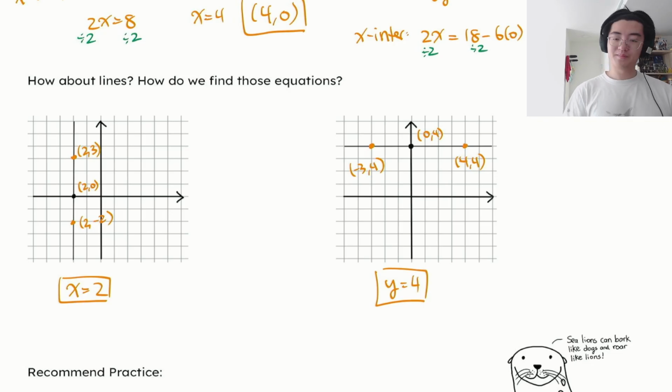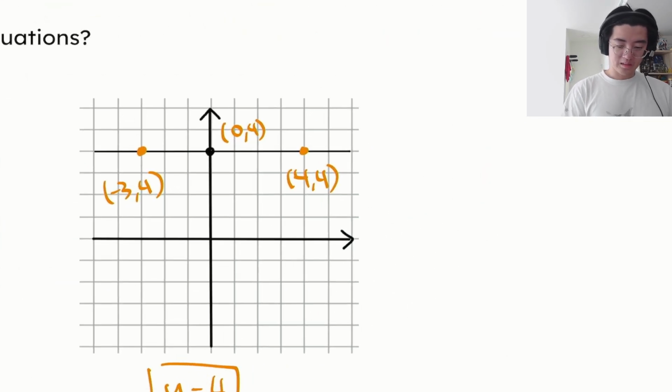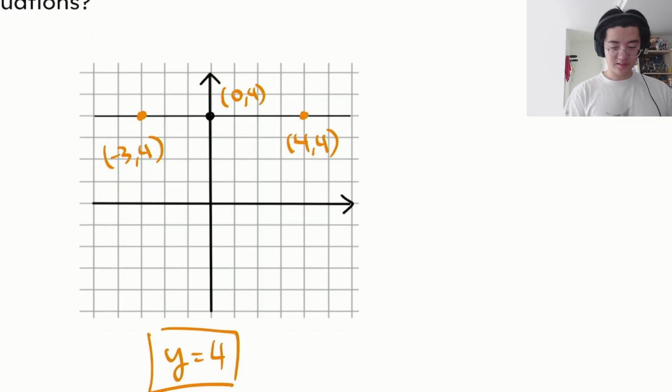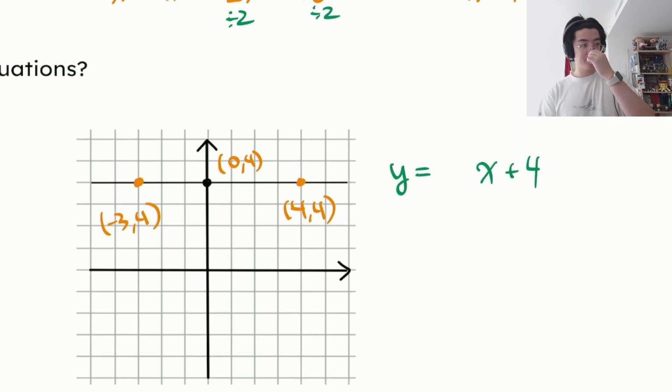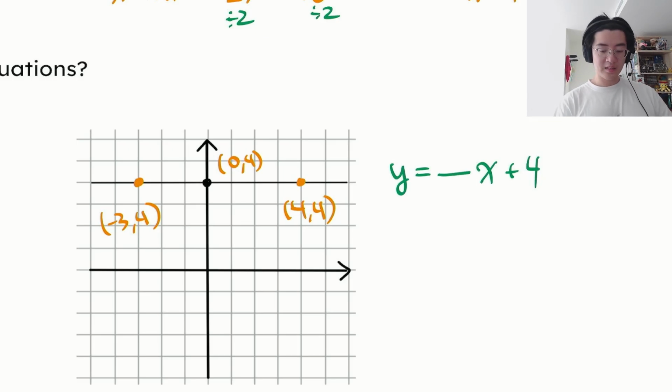Just for fun, how about a slope? Right, so we know the y-intercept here is 4. So something x plus 4. And then how about the slope? Right, this is rise over run. The rise is 0. So to go from this point to this point, the y value doesn't really change.